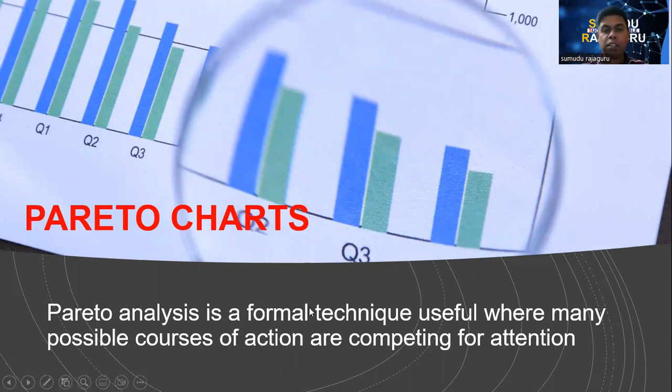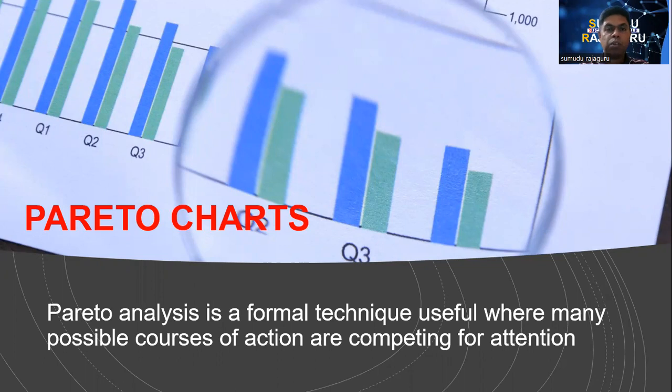Pareto analysis is a formal technique useful where many possible causes of actions are competing for attention. For example, we think, okay, there is a problem. There are several causes for this problem.